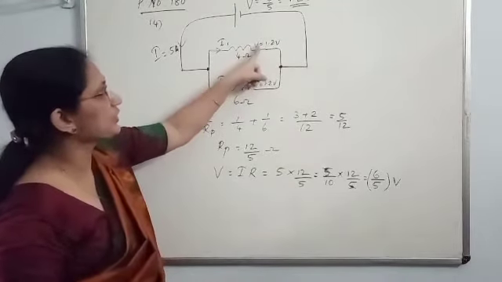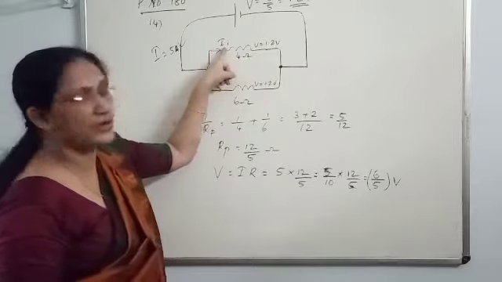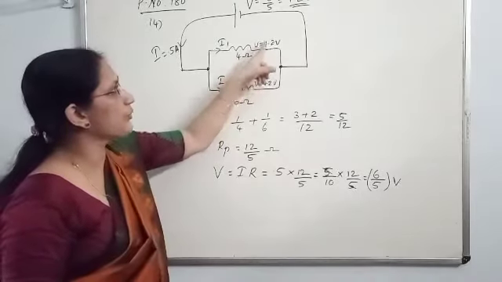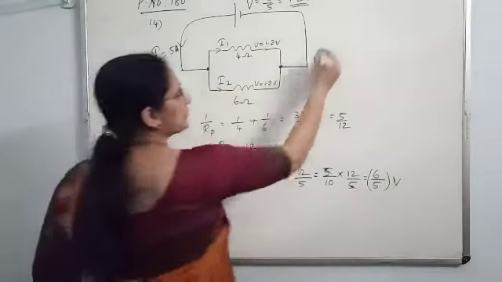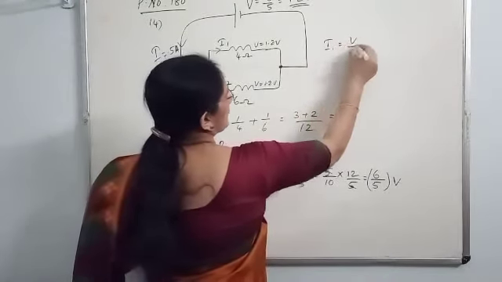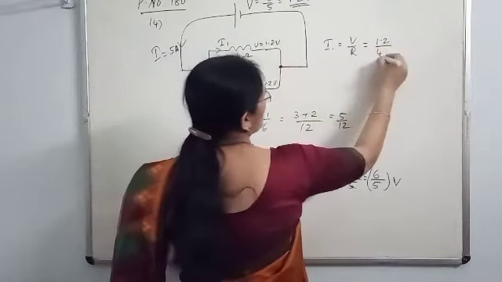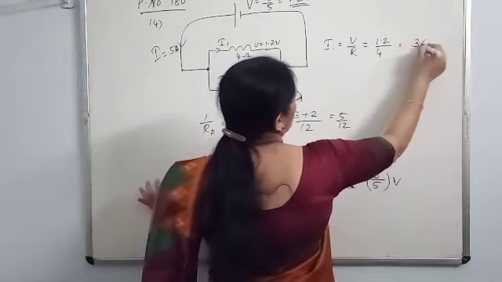Since we know V and R, you can find out I. I is equal to V by R. 1.2 by 4. So I1 will be V by R, 1.2 by 4, that means 0.3 ampere.